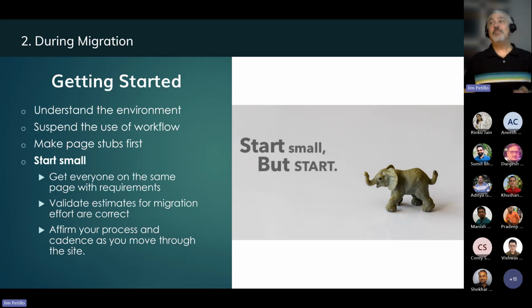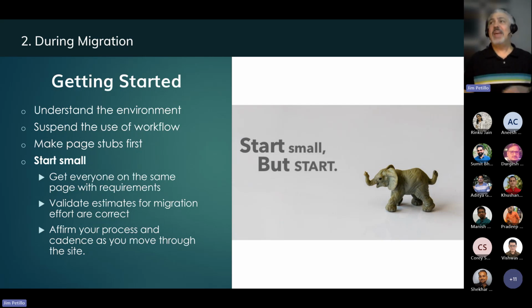You should consider suspending the use of workflow and making everybody a super user and admin just to facilitate entering in the content more quickly. Begin with page stubs for any content that you're going to migrate manually. This will allow you to update links that you come across and make them point to their new locations. And start small.